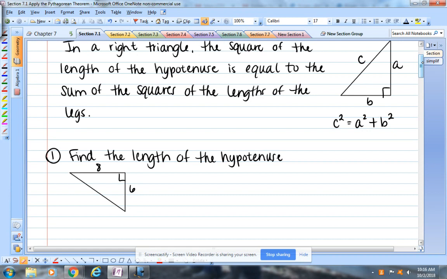This first example wants us to find the length of the hypotenuse. One leg has a measure of 8, and one leg has a measure of 6. We don't know the hypotenuse, so I'm going to give it a variable, and I'm just going to call it C, because C always needs to be your hypotenuse.